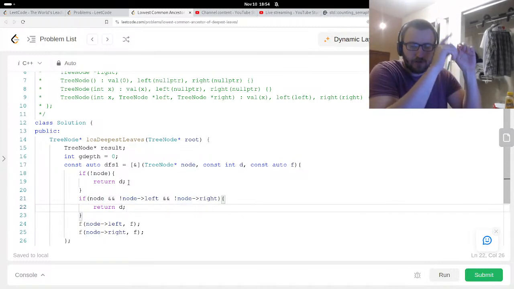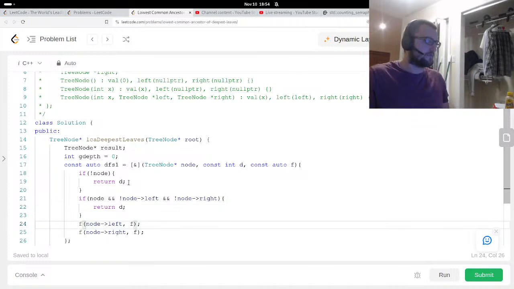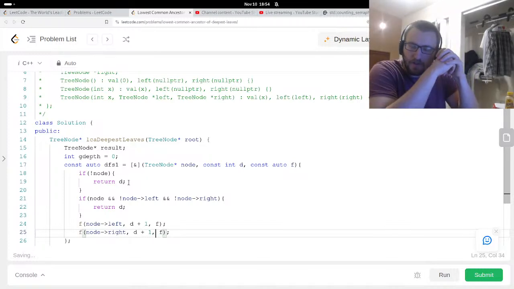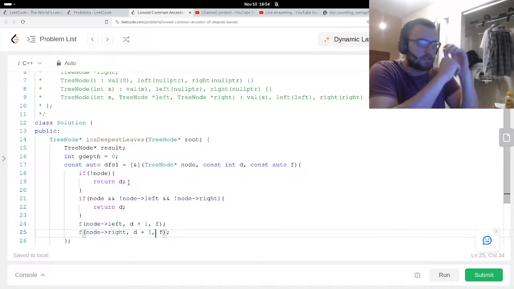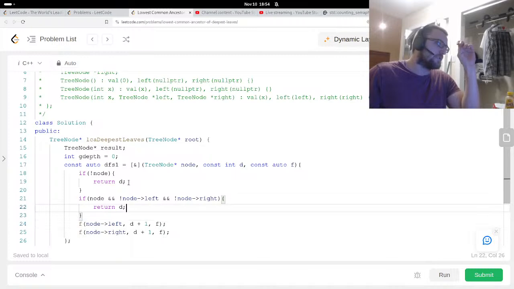Node on the left, node on the right. We would say the depth is incremented by 1. Right? And then it's a leaf node, so we would just return 1.